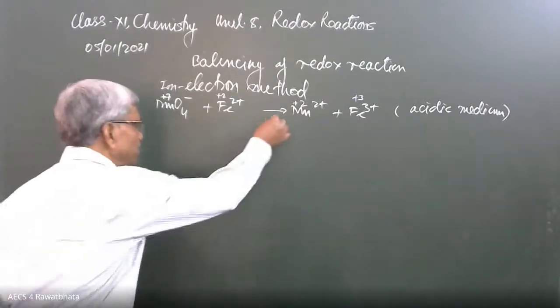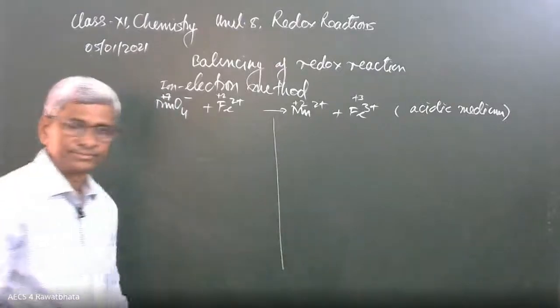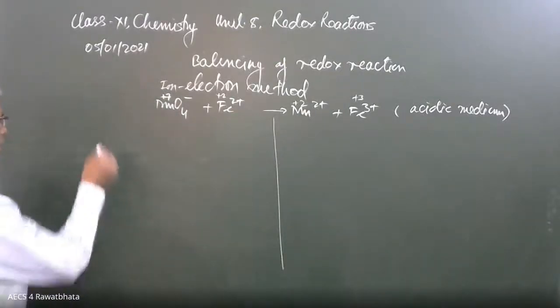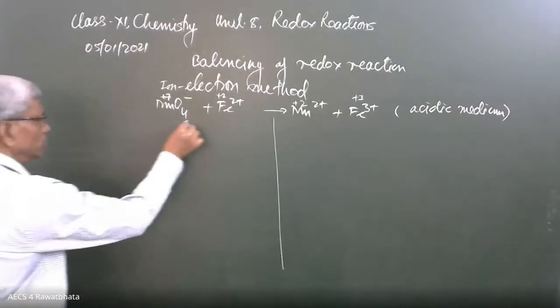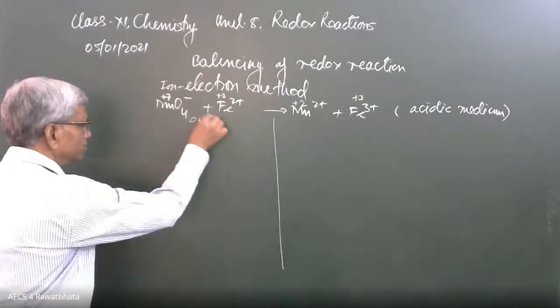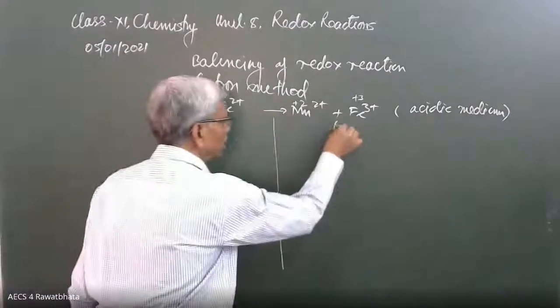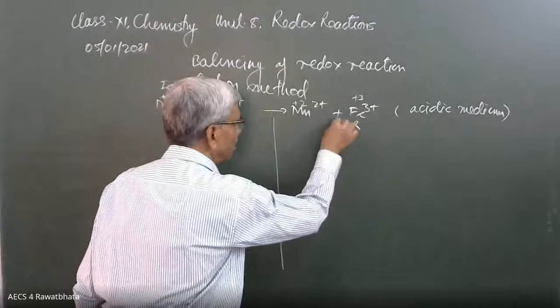So I am writing side by side. You can write one after another, no doubt, no problem here. Here, oxidation half reaction, that is called OHR. And here is reduction half reaction, RHR.